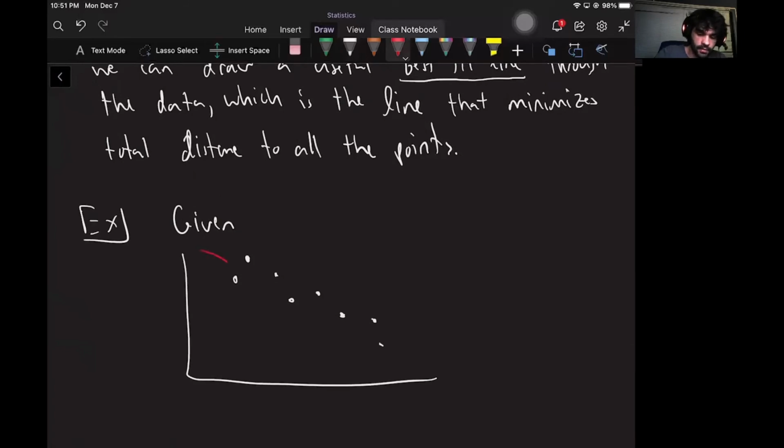Well, it would look something like this. Because that line makes the distance from each point, for example that distance to the line, very small. That distance to the line is very small. All of these distances are very tiny. So it's minimizing all those distances to each point.